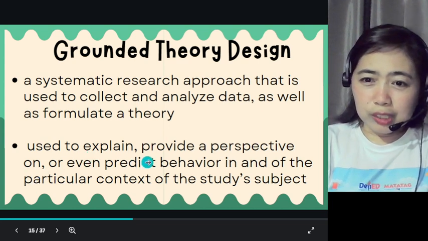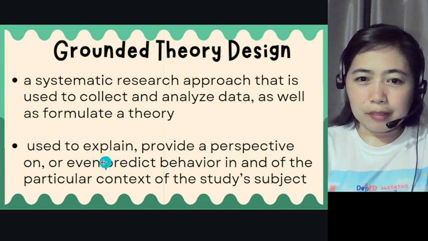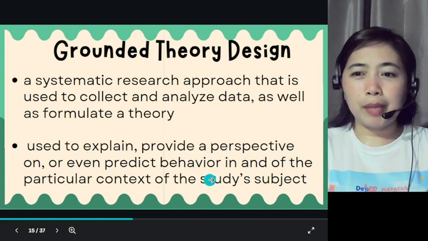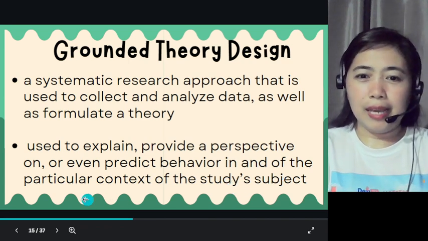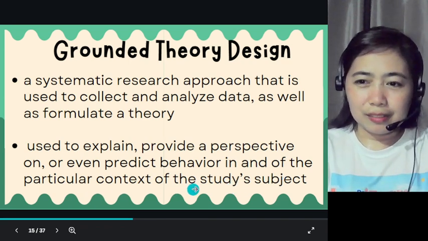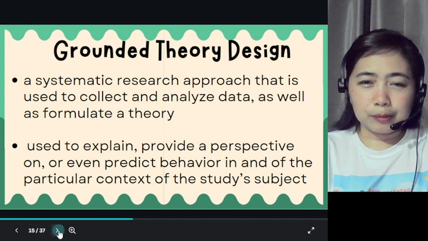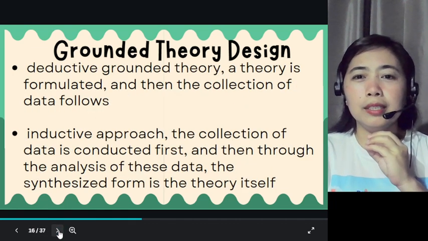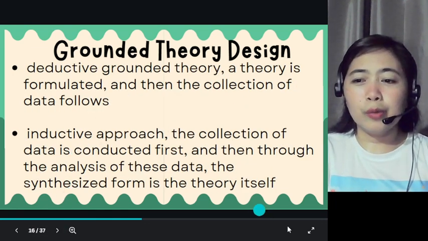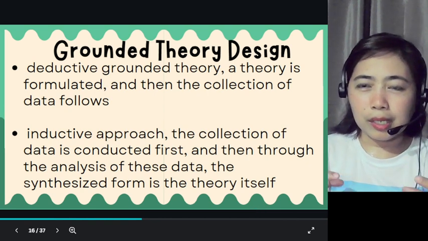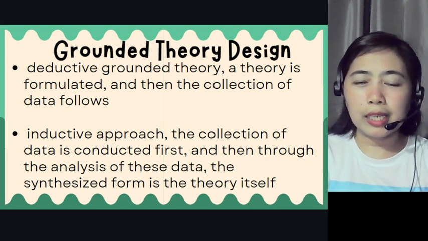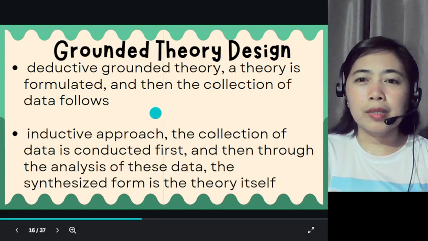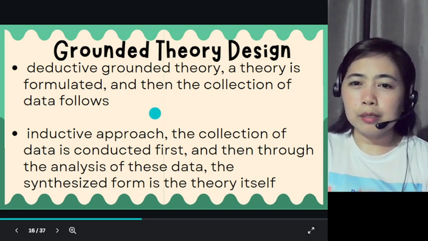It is also used to explain, provide a perspective on, or even predict behavior in the particular context of the study's subject. So you look for ways to understand the participant and what their problem really is.